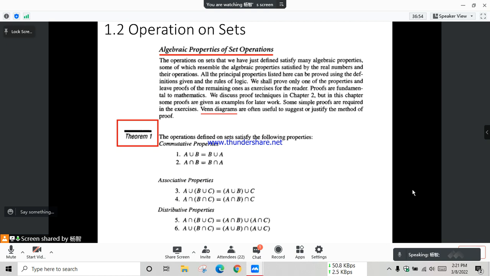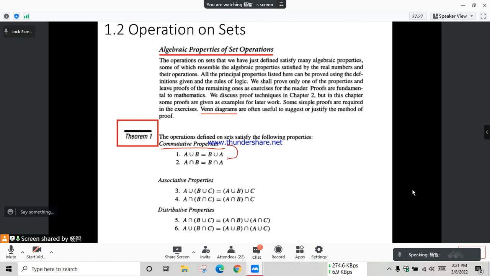We now look at some algebraic properties of the set operations. This first operation is union, which is usually used for calculating among more than two sets. It includes the commutative property.